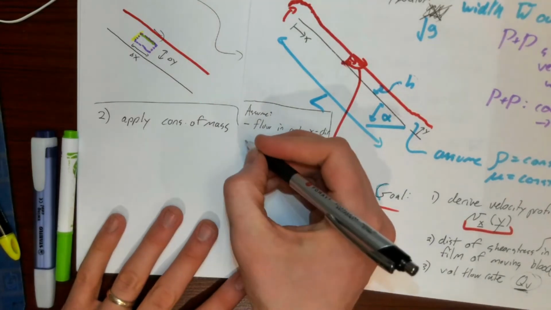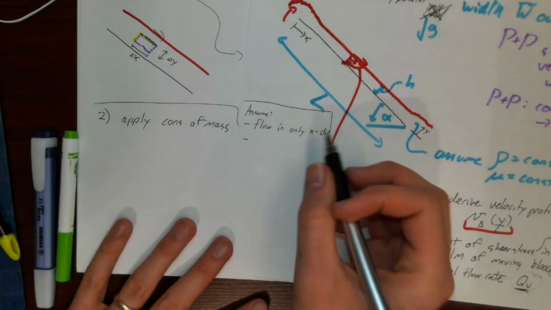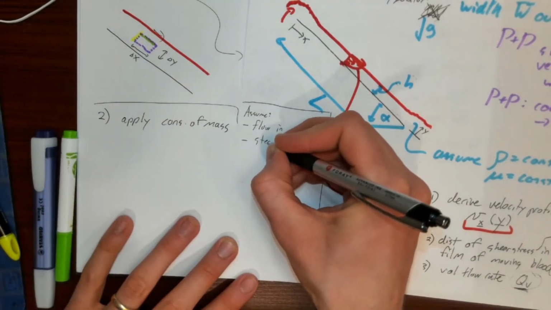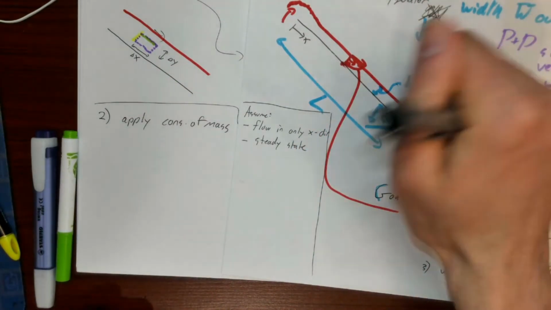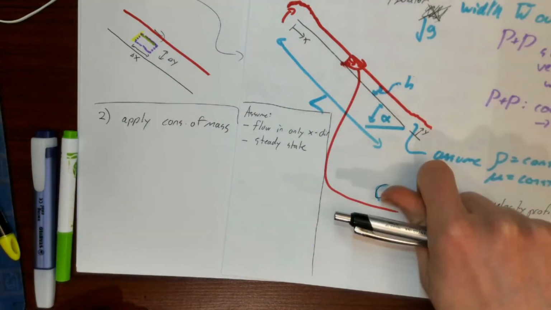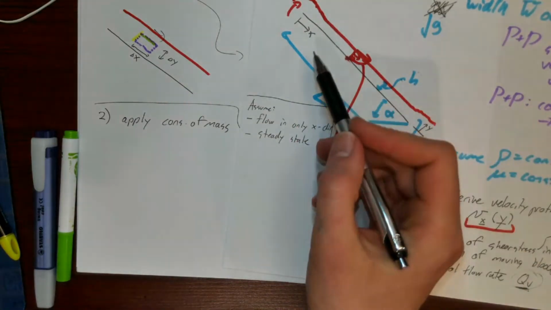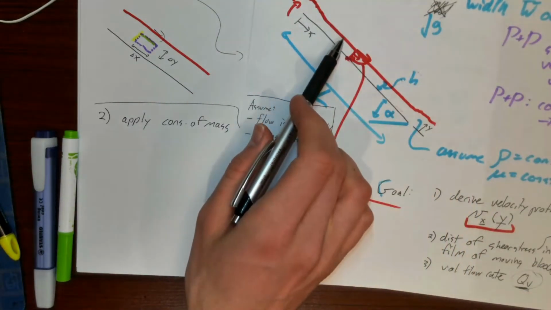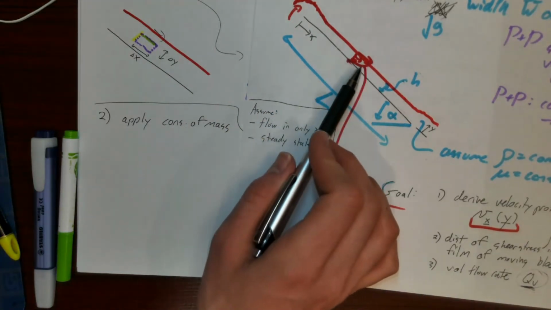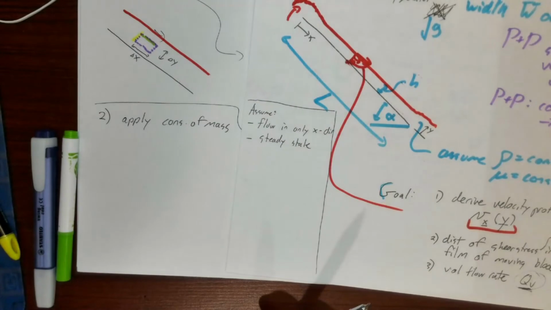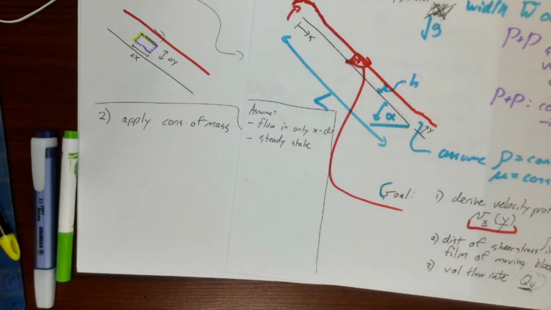So let's assume this, and let's also assume that our system is in steady state. It's not like I'm turning the faucet on and off, or twiddling my pump flow rates to go higher and lower. Once the system starts running, we establish some velocity profile, and if I took a snapshot and came back later, the nature of the velocity profile wouldn't have changed, even though there might be different molecules of blood flowing down it.